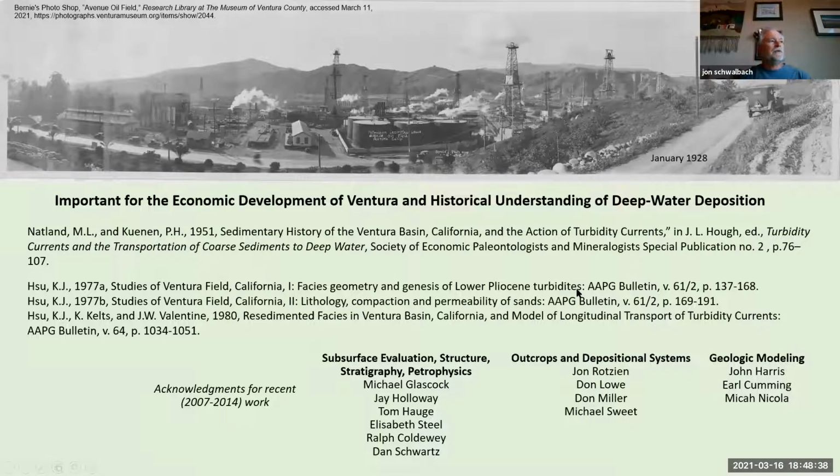So this field was very important for the economic development of Ventura, but it also has significant historical value in terms of understanding deep water deposition. And that's because back in the 30s and 40s, most geologists thought that coarse clastic sediments were really the realm of non-marine and shallow marine environments.